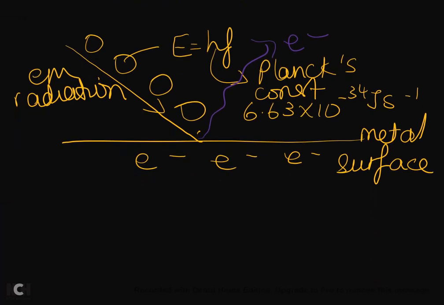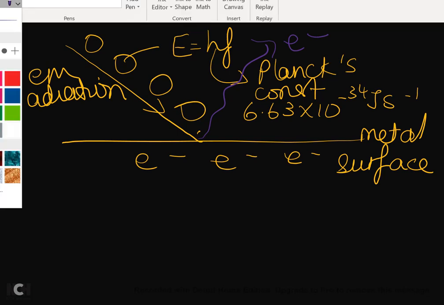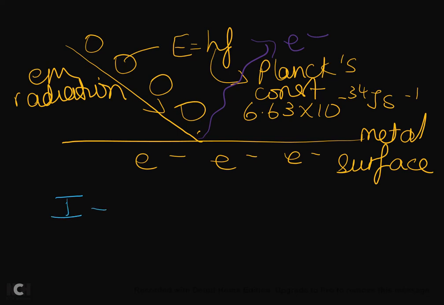If you have a greater number of photons, you can have a number of emitted electrons. Now, we can look at intensity as being dependent on the power per unit area. So if you have a greater intensity of light, you would tend to have more photons. That is a number of photons.